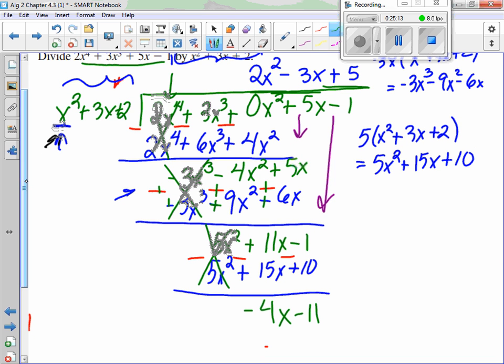So looking at this here, what is the degree of negative 4x minus 11? Because x there is to what power? The first. Whenever we have a variable that doesn't have an exponent, it's always to the first power. But the bigger question, is the degree of this less than the degree of this? Yes. So can I continue dividing? No, we're done.